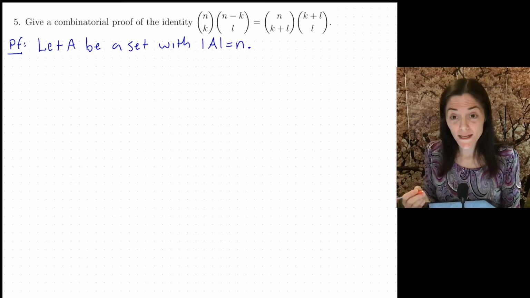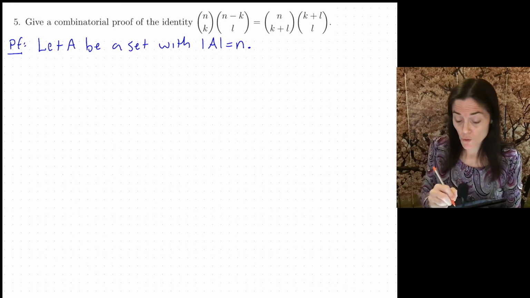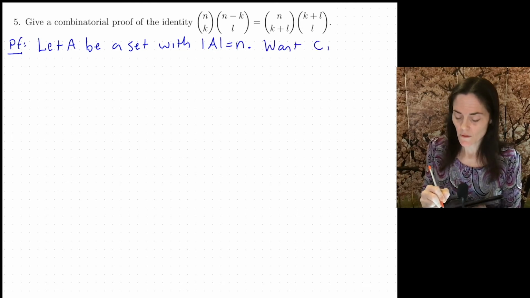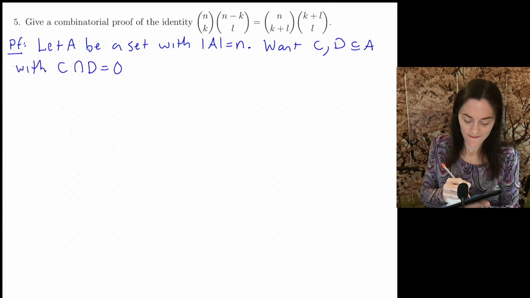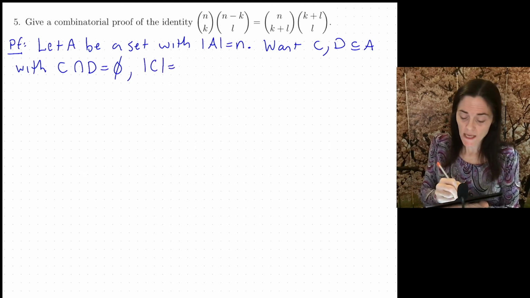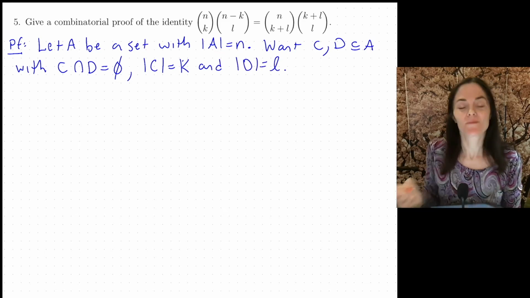Now, what I want here is I want two disjoint subsets. Cardinality of C is K, and cardinality of D equals L.